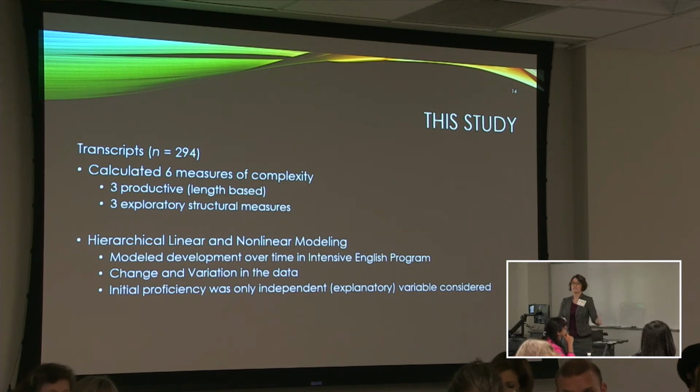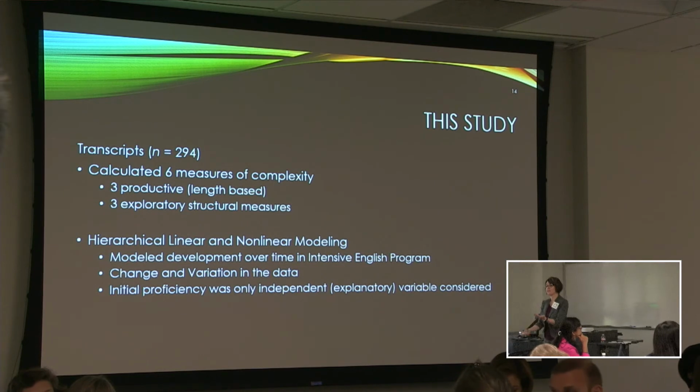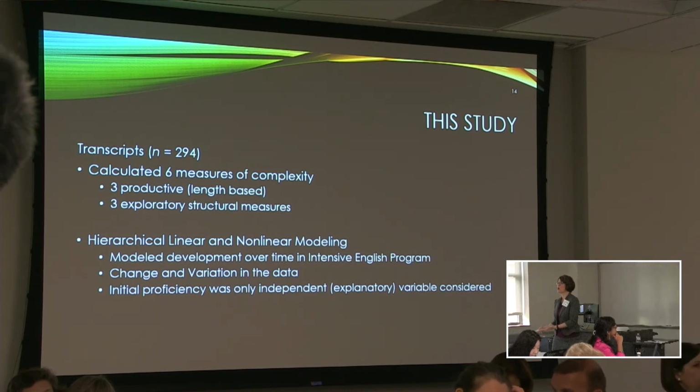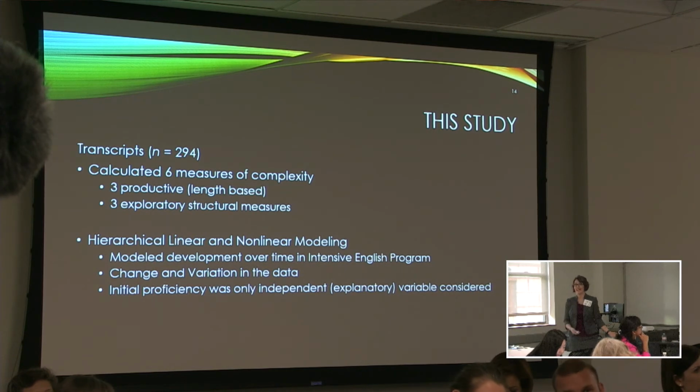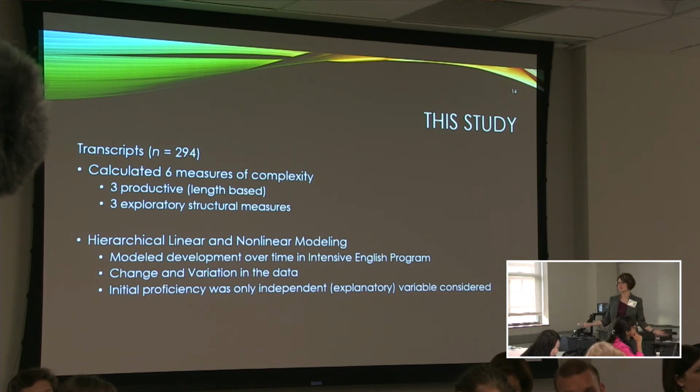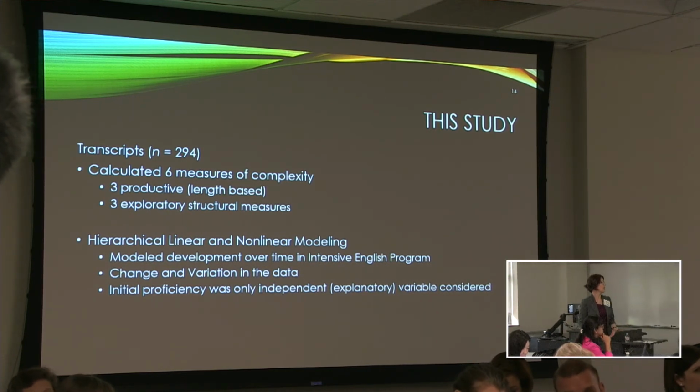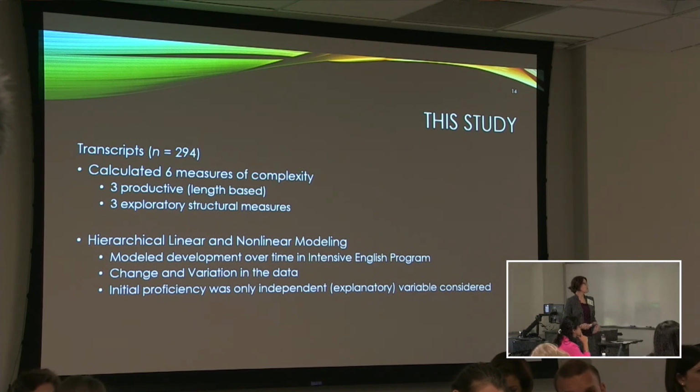It allows the time between observations to differ, and you're allowed to have a different number of observations per participant, which is key for longitudinal research in almost any time because of attrition, right? We lose learners. And so we can model the change over time and also variation in the data.